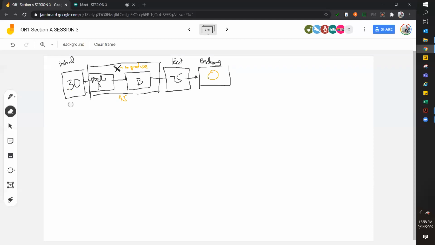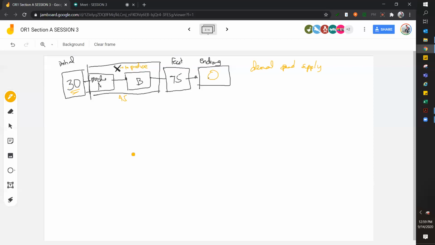Why? Okay, that is the concept of demand and supply. I have an inventory now of 30 units. Clear there? I have the current inventory of 30 units. Now, I will process 45 units in A and B, so I'll come up with an additional 45 units.